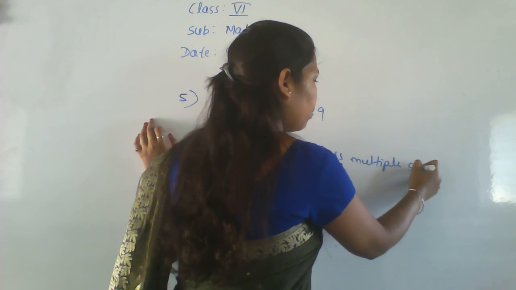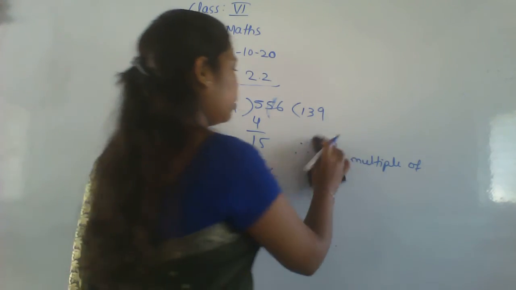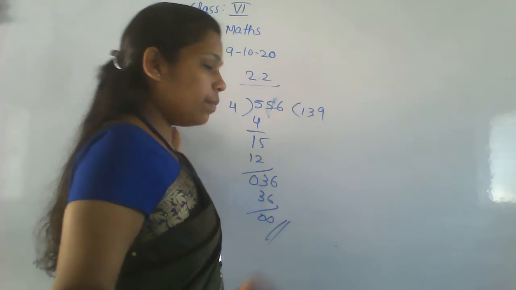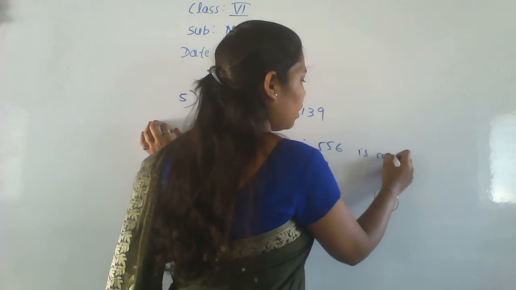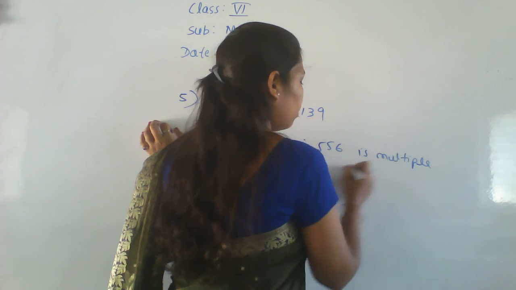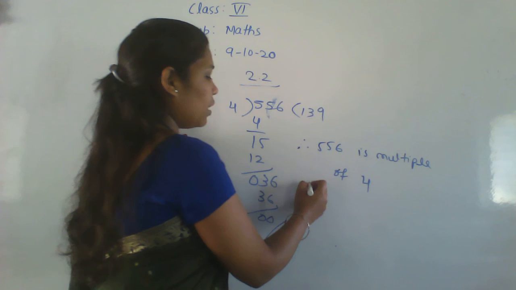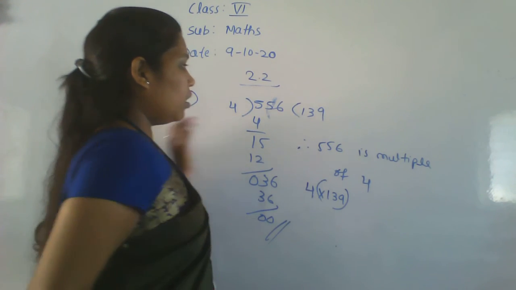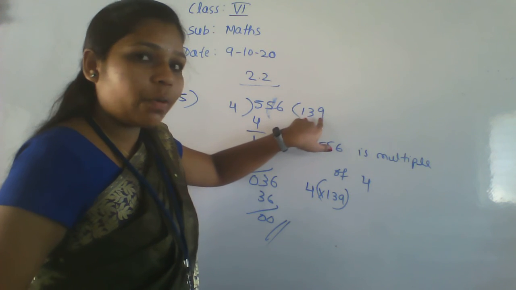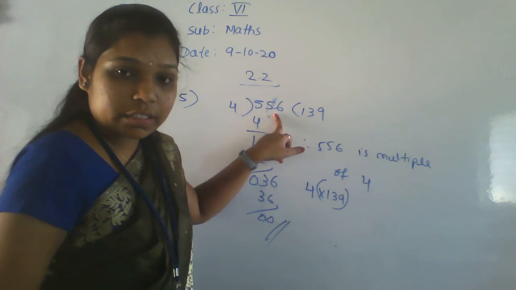Therefore 556 is a multiple of 4. A multiple of 4 is nothing but 4 into 139. This quotient, if you multiply 139 by 4, then you will get the answer 556.